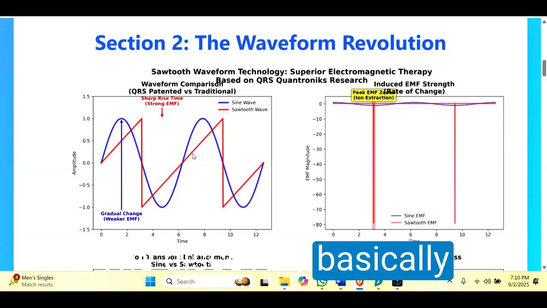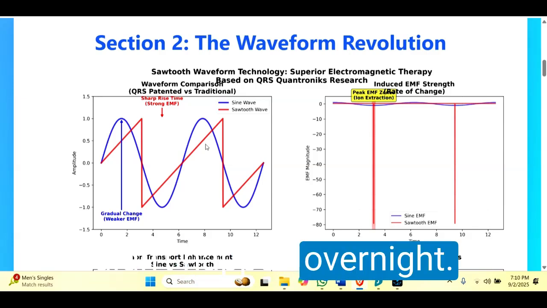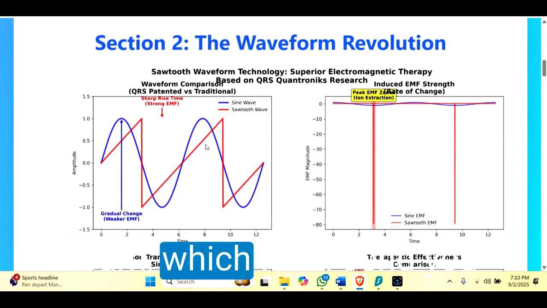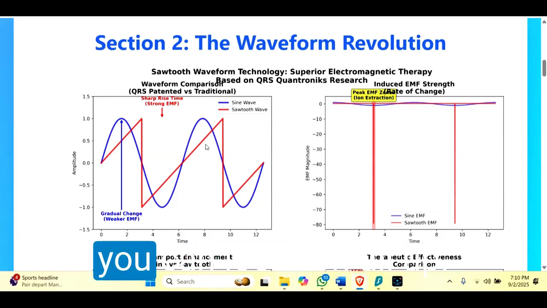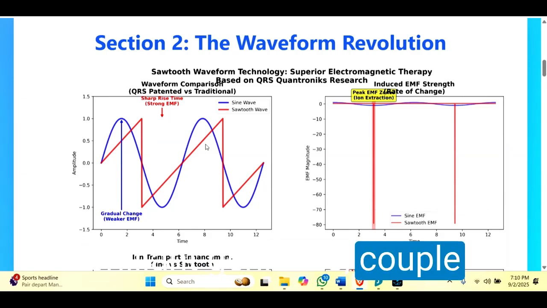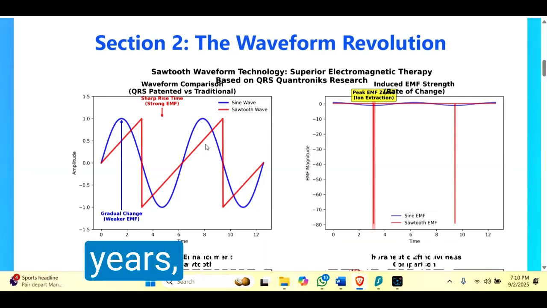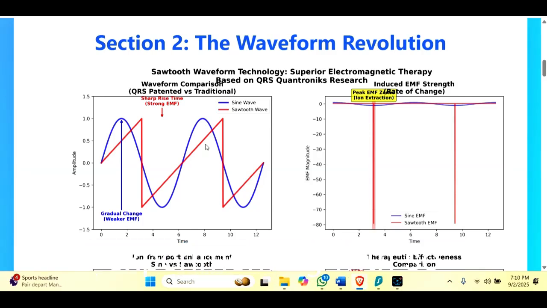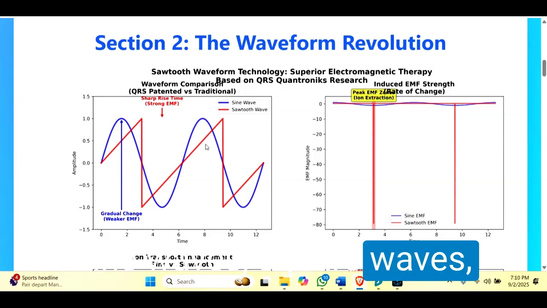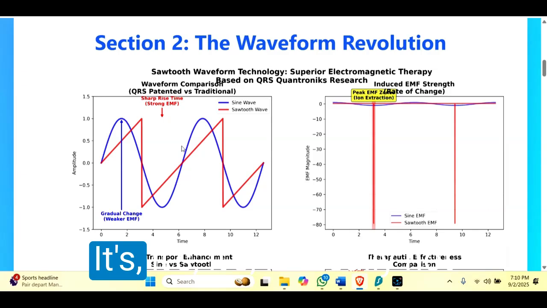The discovery of this particular form of sawtooth waveform didn't happen overnight. Dr. Gerard Fischer and an international research team, whose scientists' names I can send you, you can look them all up. These are best in class, super brilliant geniuses, a couple of well-known Nobel Prize winners. They spent well over 20 years and millions of dollars experimenting with so many different waveforms: sine waves, square waves, triangular waves, and so many variations of those.